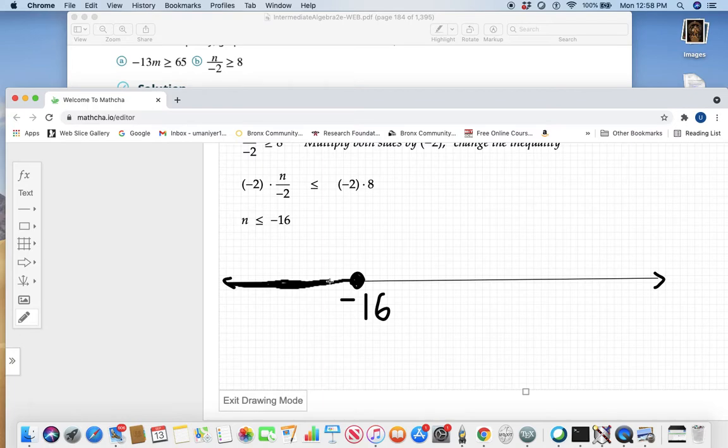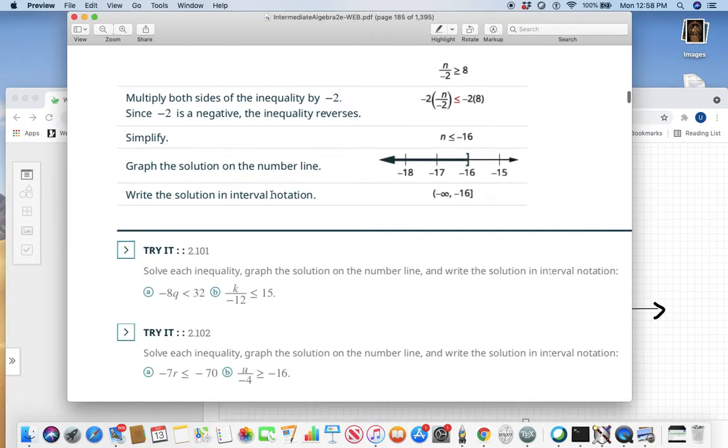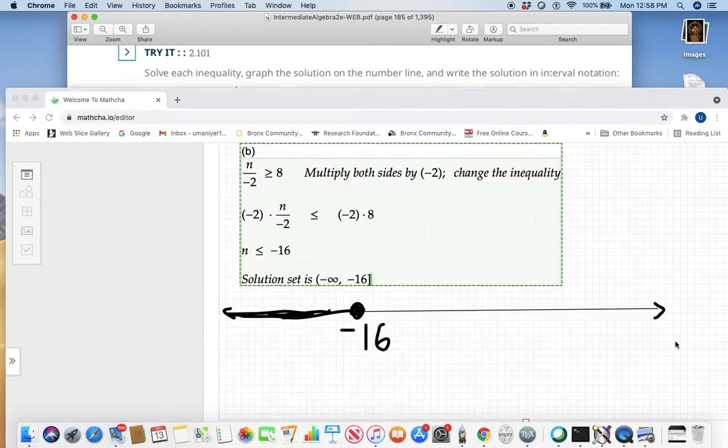So that gets you the solution set. Looking at this shaded interval, the left handmost point is negative infinity and the right handmost point is negative 16. Negative 16 is closed because it's a filled in point. Infinities are always open.